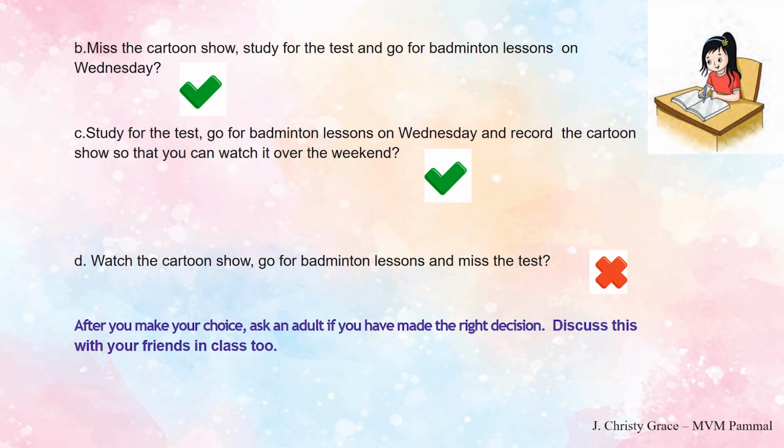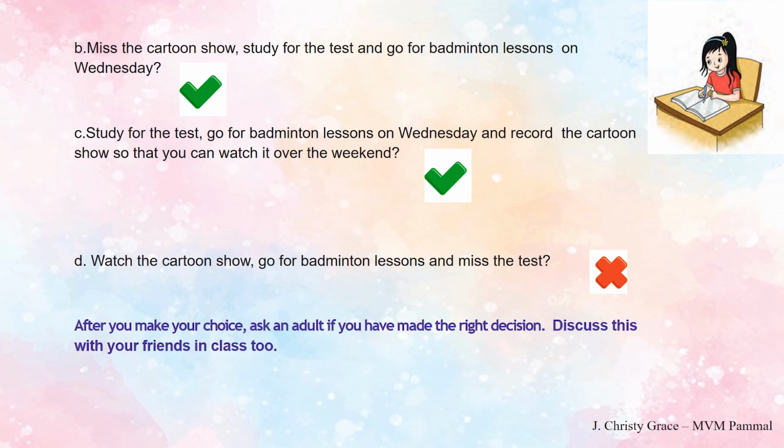You record the show, so whenever you are free on the weekend, you can see that show without missing it. Clear? So it's a right opinion. So here we can put a tick mark also.